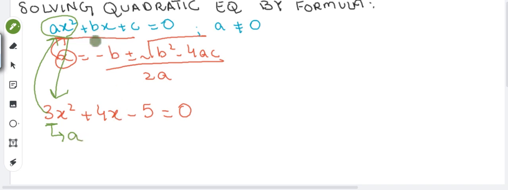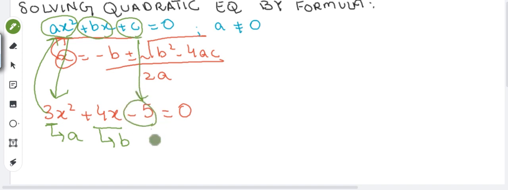If we compare this plus bx with this plus 4x, we get clearly b as plus 4. And if we compare this constant plus c with this minus 5, we get c as minus 5 with this negative sign. Don't miss that negative sign with this 5. That would be a big mistake.